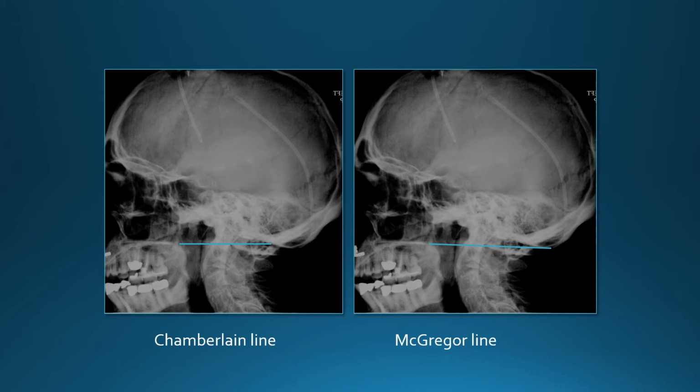McGregor's line was typically slightly below Chamberlain's line. McGregor's line is almost impossible to draw on an MRI, so if you're using a CT or MRI, you can use Chamberlain's line, but not usually McGregor's line. In general, these lines are not necessary on CT or MR because you can actually see the skull base poking into the spinal cord.